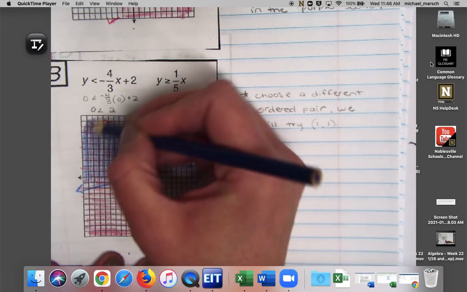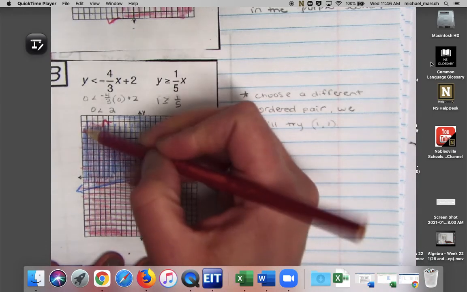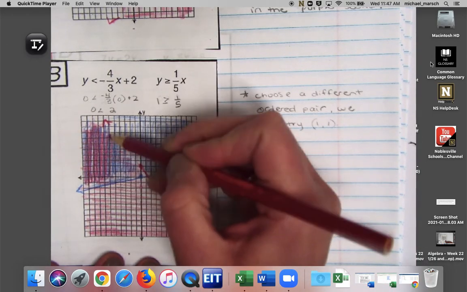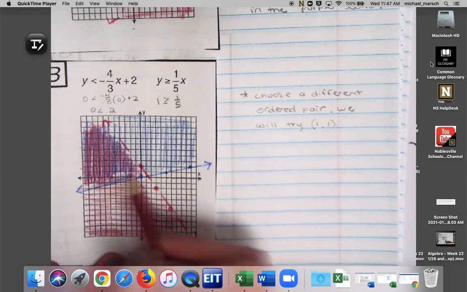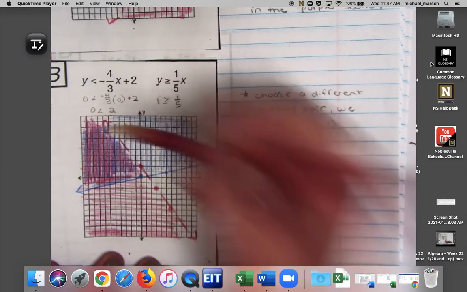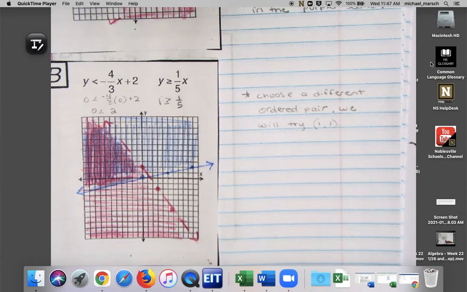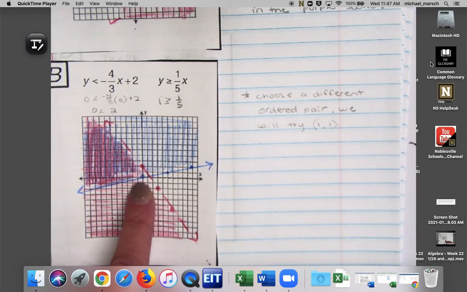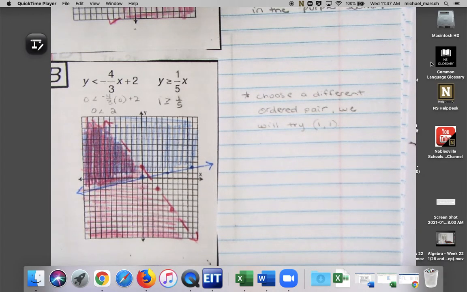It's double shaded, my purple region, and I'll go over it a little bit so it really stands out. Okay. So because 0 was on the line, we had to try that other point. Not so bad, right?